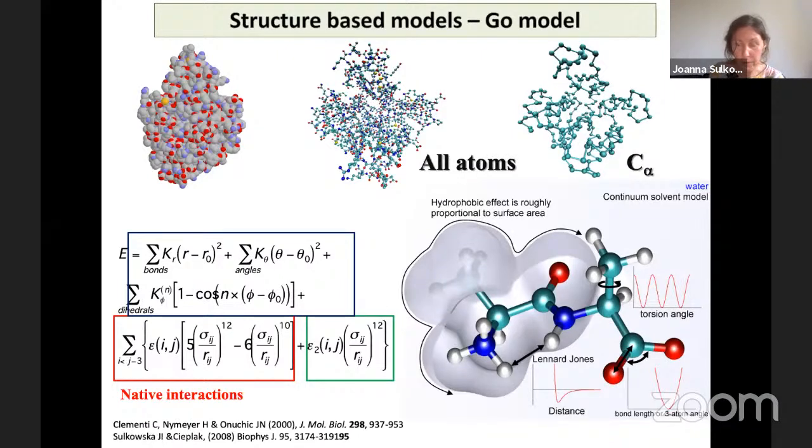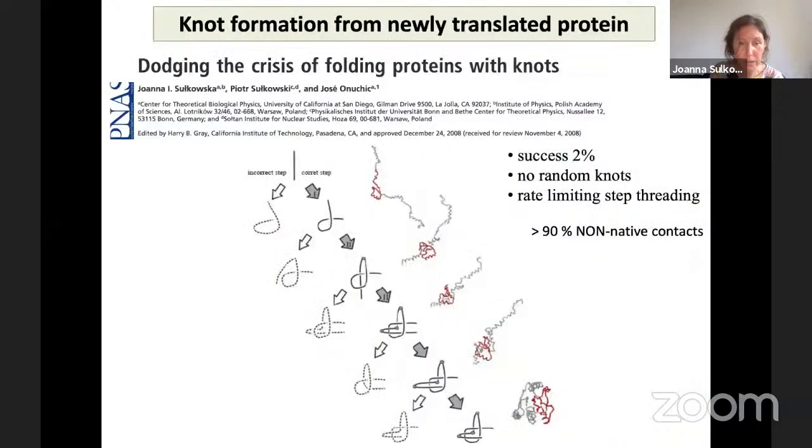If you have a question, I am happy to talk about this later on, but I would like to tell you about the result that we found a long time ago: it is possible that thermal fluctuations are sufficient to fold the protein.